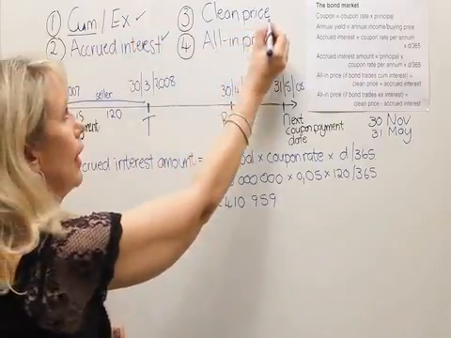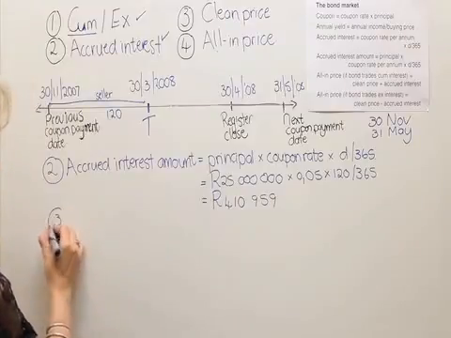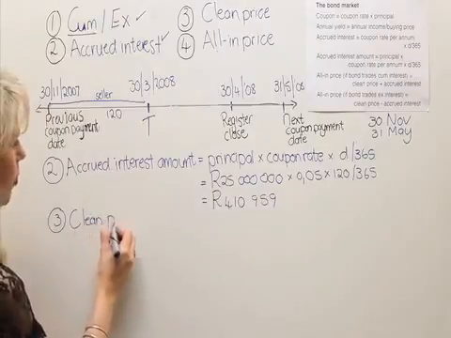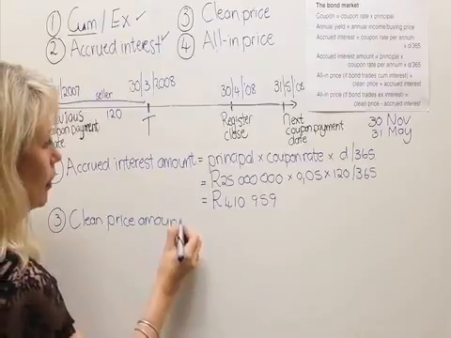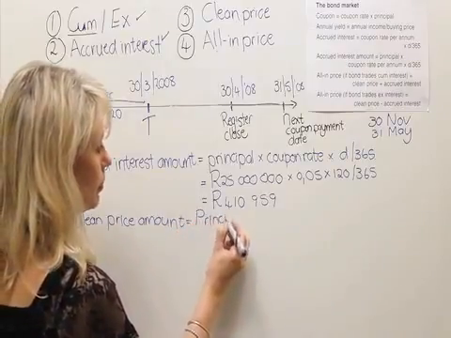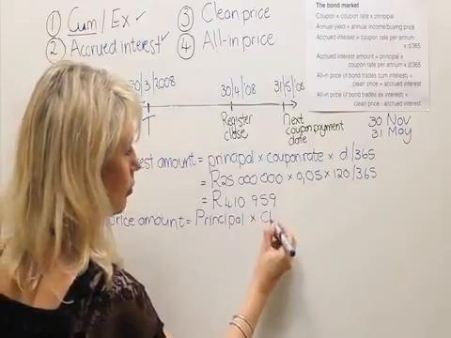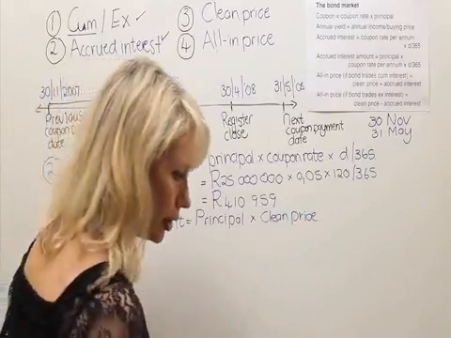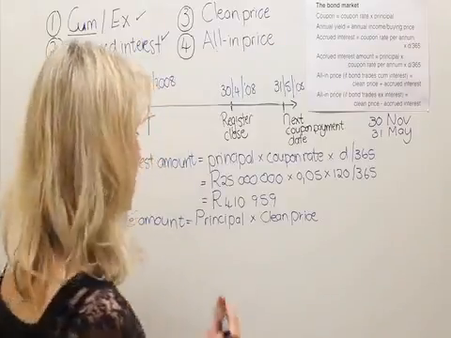Now we have to calculate the clean price amount. To calculate the clean price amount, you have to multiply the principal by the clean price, which is provided in the question, and it is 98.5 Rand per cent.